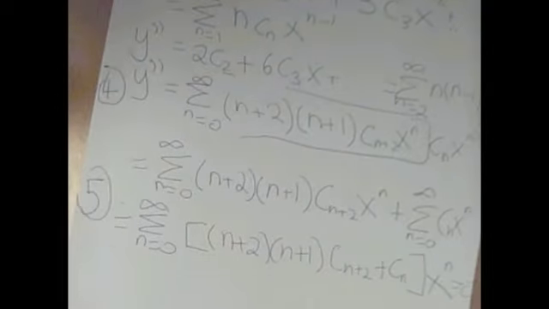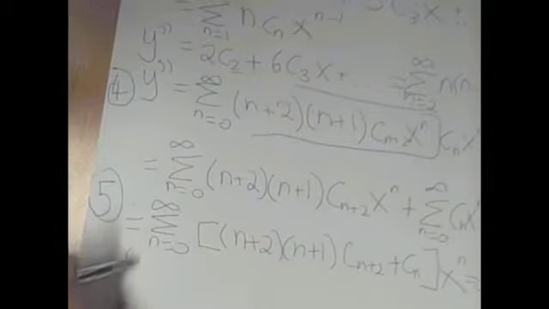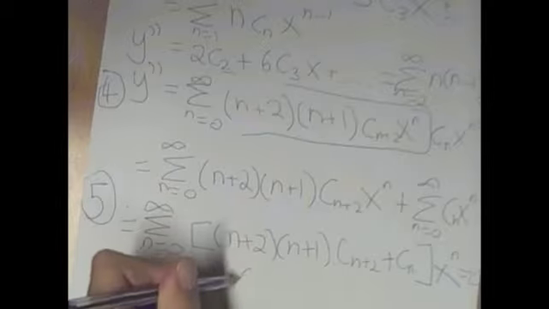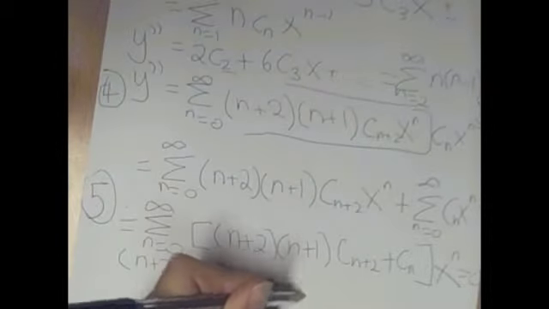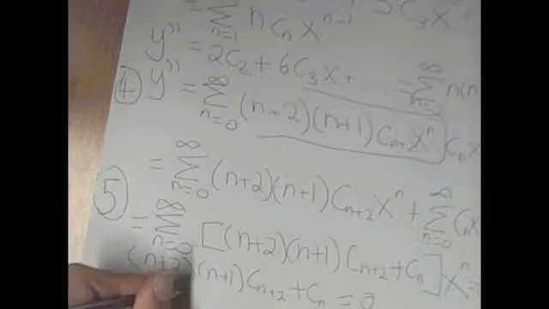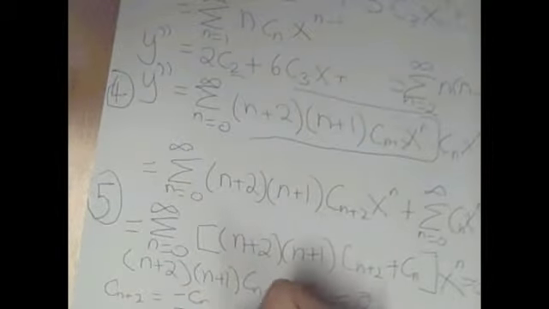So if two power series are equal, then the corresponding coefficients must be equal. Therefore, the coefficients of x to the n in equation 5, which we're going to call this here, must be 0. So we can write this as n plus 2, n plus 1, cn plus 2 plus cn equals 0, and cn plus 2 equals minus cn over n plus 1, n plus 2, n equal to 0, 1, 2, 3, and so on.